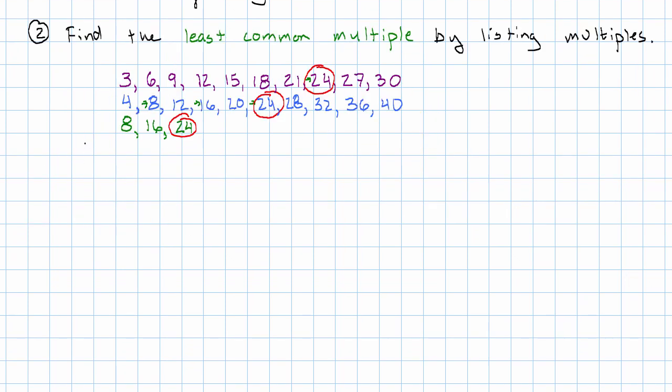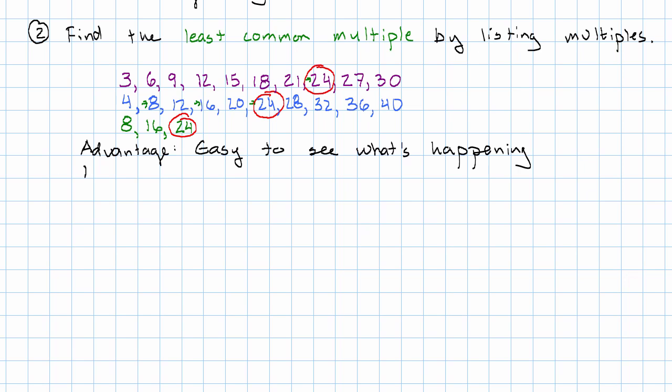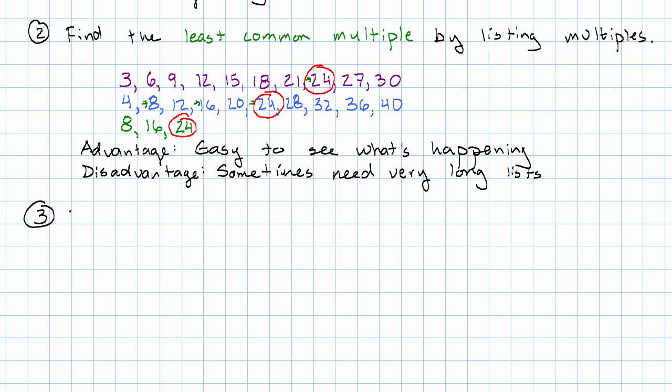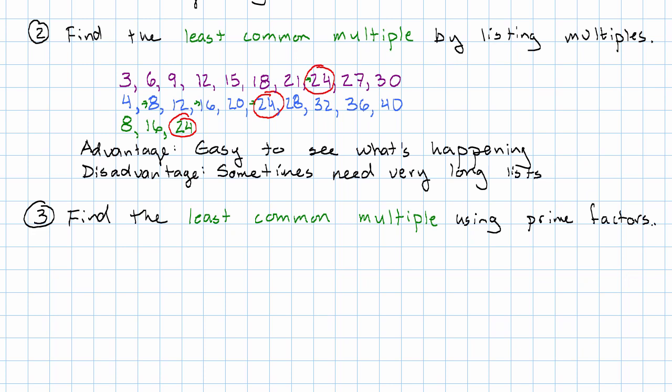The advantage of this method, it's very easy to see what's happening. The disadvantage is that sometimes we need very long lists. The third method of finding a common denominator gives us another way to find the least common multiple, and this method uses prime factors. We'll see this method in another video.